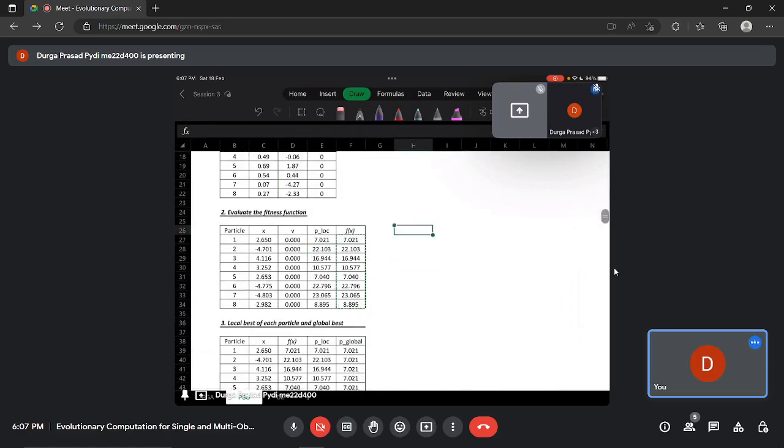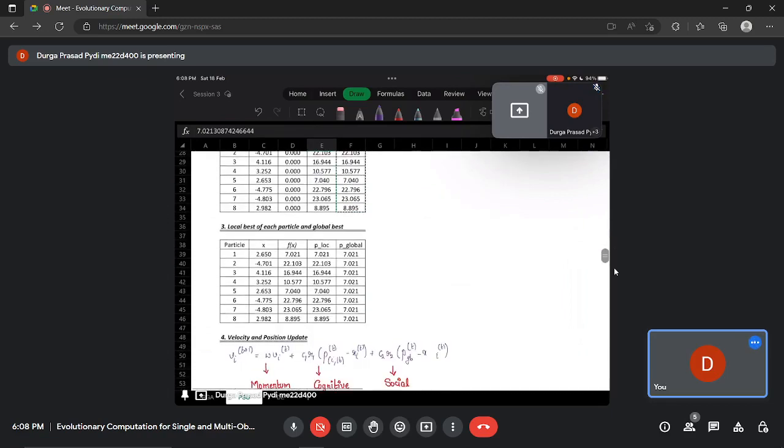As you can see previously, the swarm has bees, where every bee keeps track of two things: a local best and a global best. Local best depends on its own track record. Global best depends upon the track record of the swarm as a whole. So this p local is essentially your local best for that particular particle. Initially, when we are starting the generation, the best is the current value. At the current position, the value of the fitness function is your best local possible value. As you iterate, this value changes.